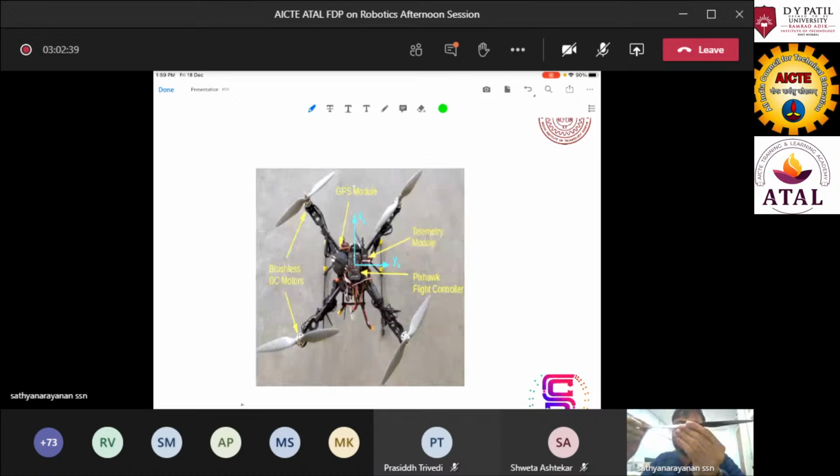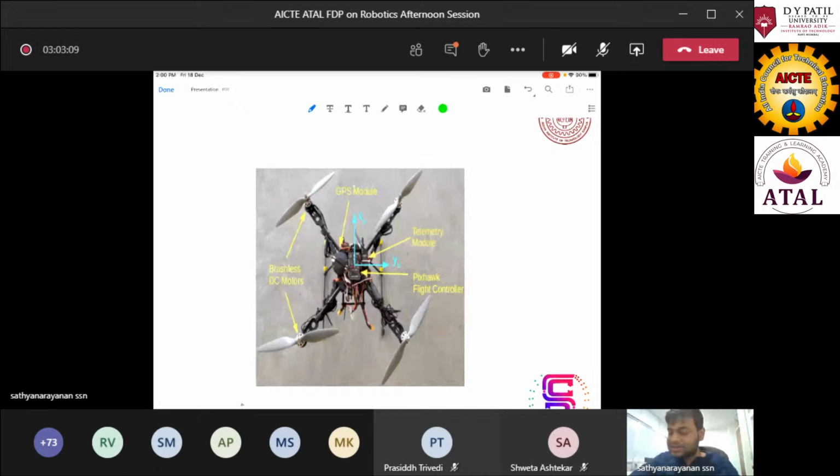So there are two forces: one is a thrust force, and another is a drag force. Once it pushes the air down, according to Newton's third law there should be an opposing force, which we call thrust and a drag force. The thrust force will be perpendicular to it, and the drag will be coming out of this plane.